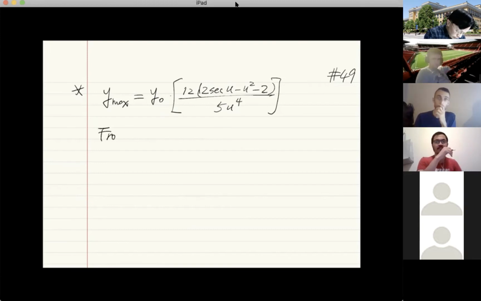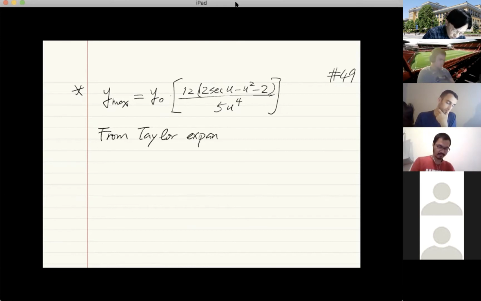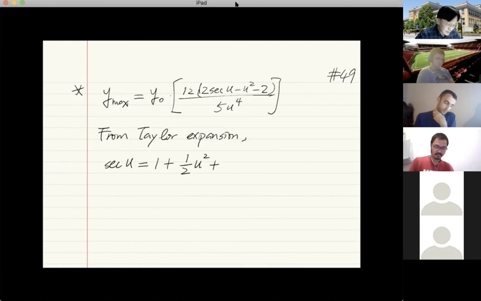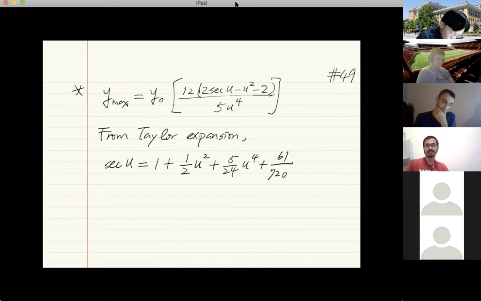And from Taylor expansion, you can write sec u as the summation of this infinite series, which is 1 plus 1/2 of u squared plus 5 over 24 times u quadruple plus 61 over 720 times u to the power of 6, and that should be enough.